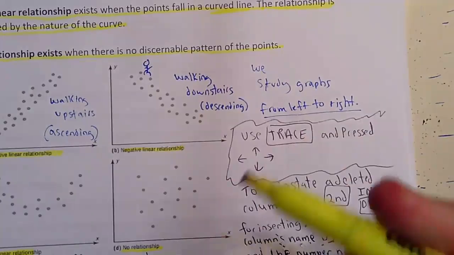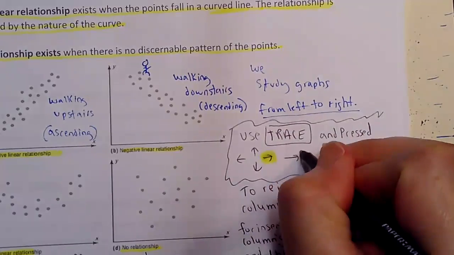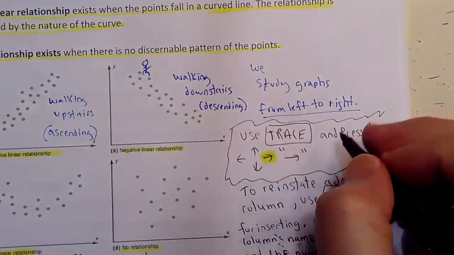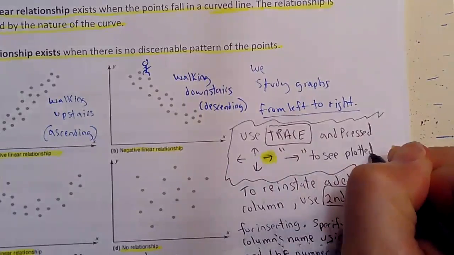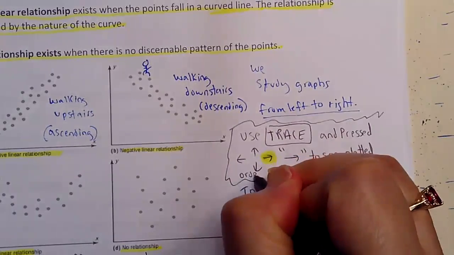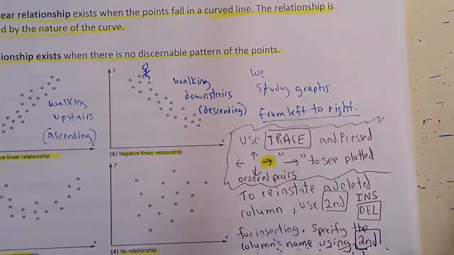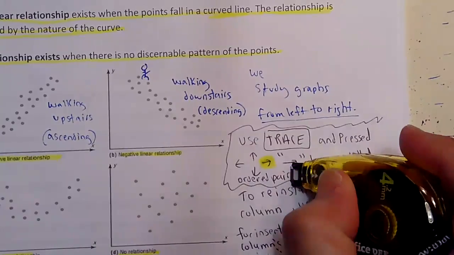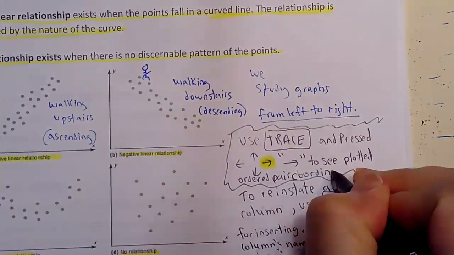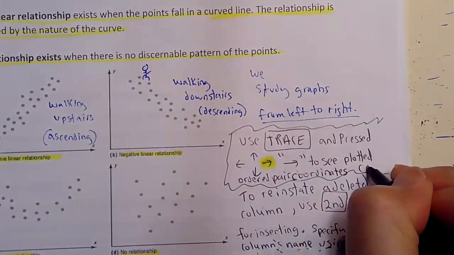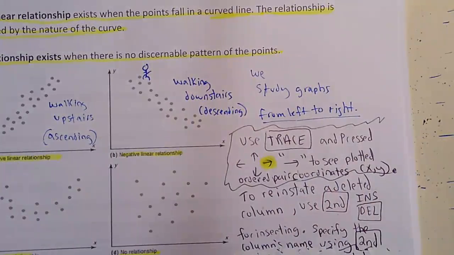We press that one, and we were doing that to see the plotted ordered pair coordinates, x sum x, y point. So remember we did that, okay.